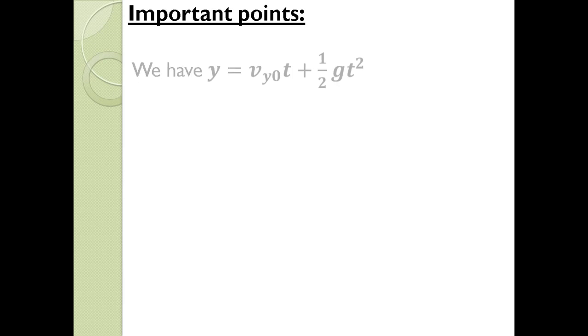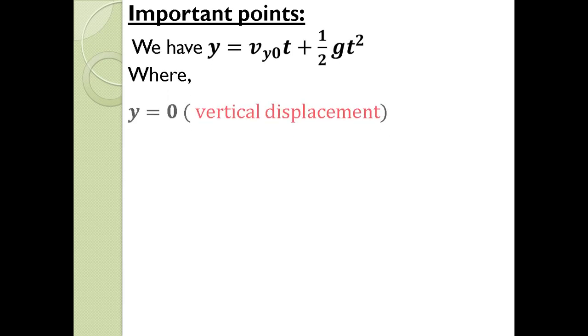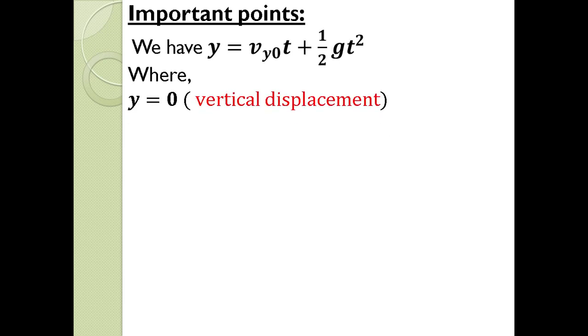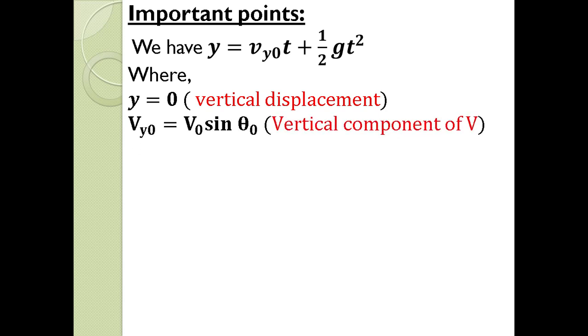Vy naught is v naught sine theta, and the initial position y naught is vertical, so we don't need to consider it.